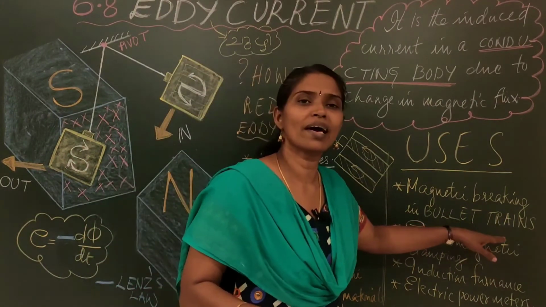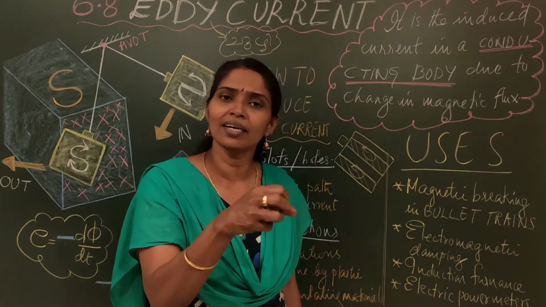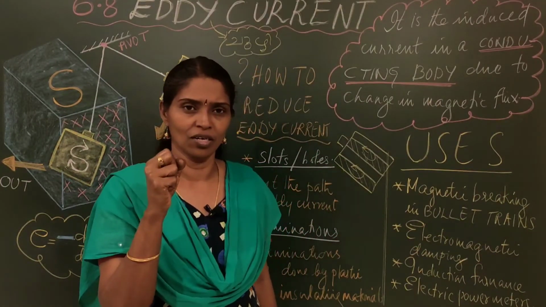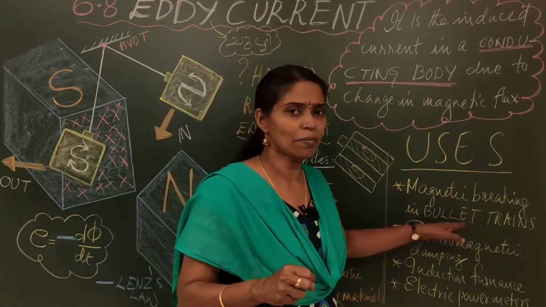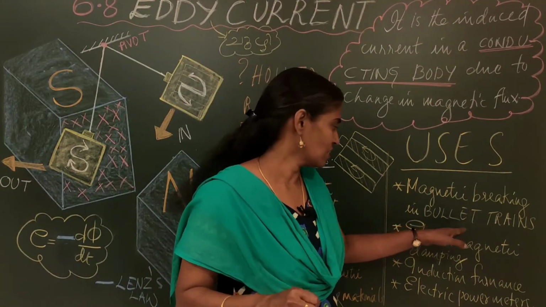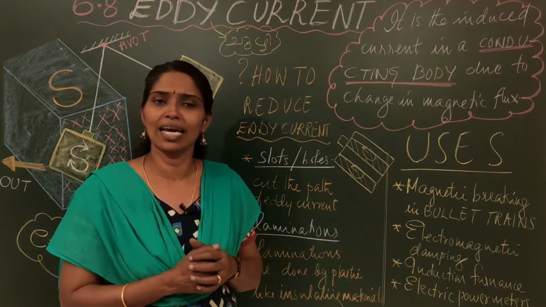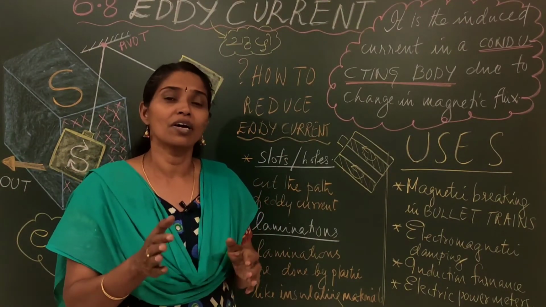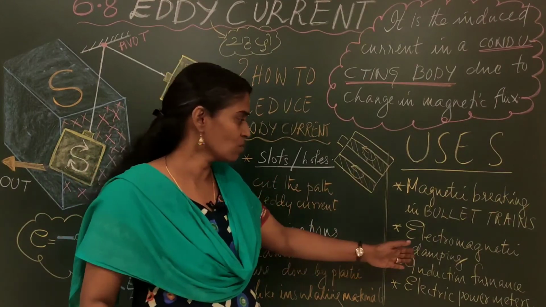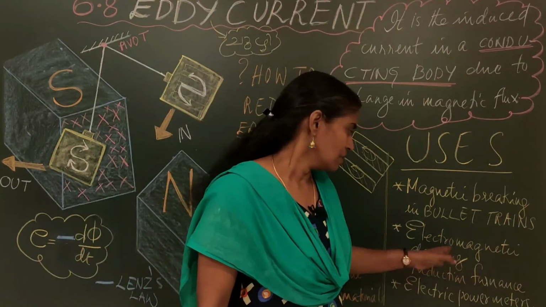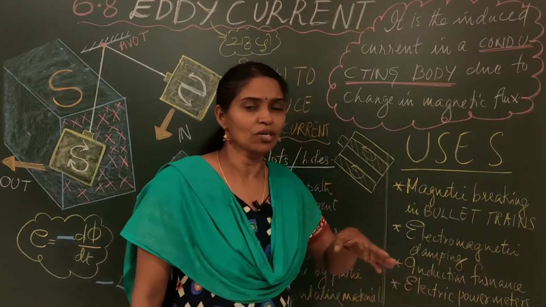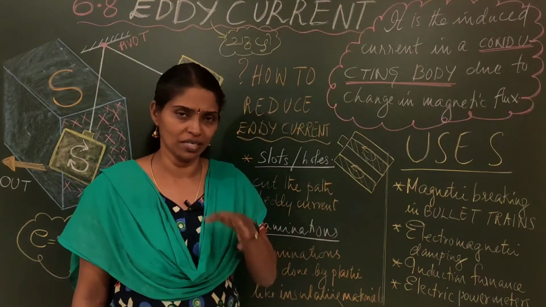So it's a smooth landing just because of immediate magnetic braking. So immediate damping is used in bullet trains. Another one, electromagnetic damping. We have deadbeat galvanometers in the lab where you need sudden damping. So there also you can use electromagnetic damping, in deadbeat galvanometers.